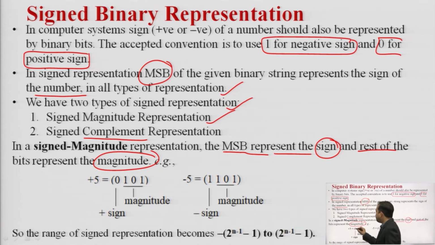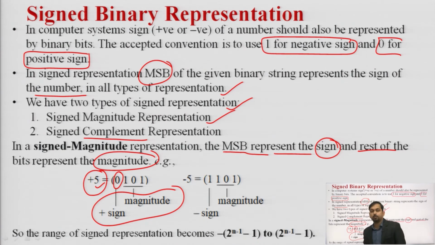If we have plus 5, corresponding to plus we write 0, and the magnitude representation for 5 is 101. So the result is 0101. Automatically it must be understood that if the MSB is 0, then it is a positive number and the rest of the bits are the magnitude.